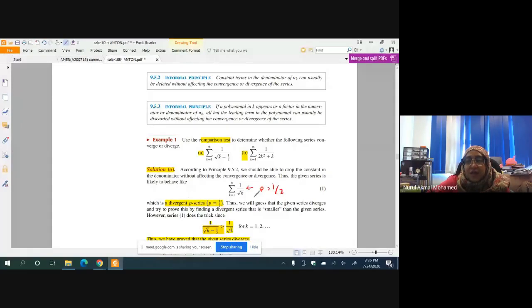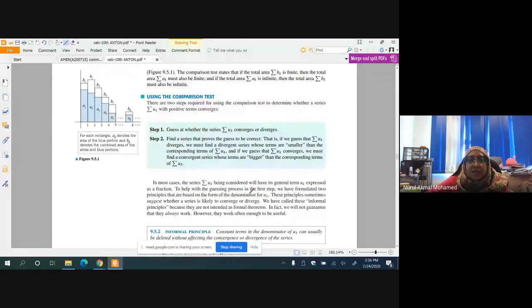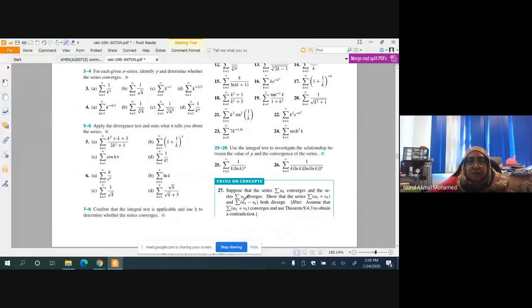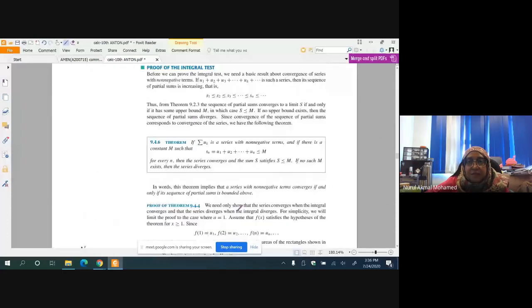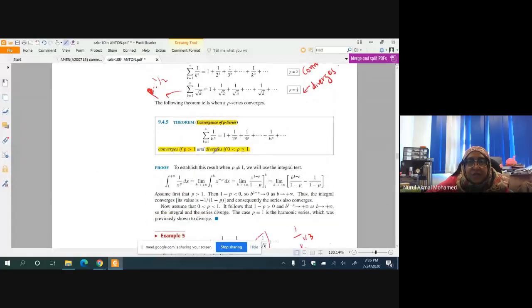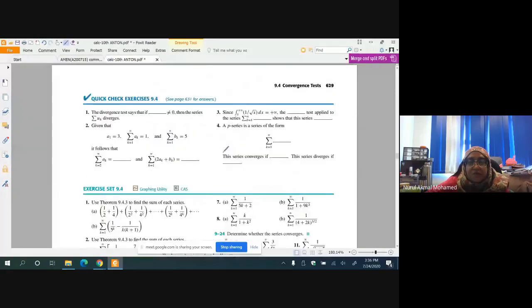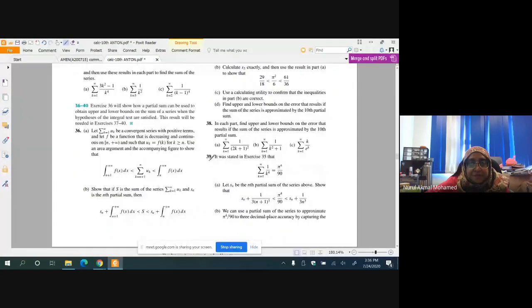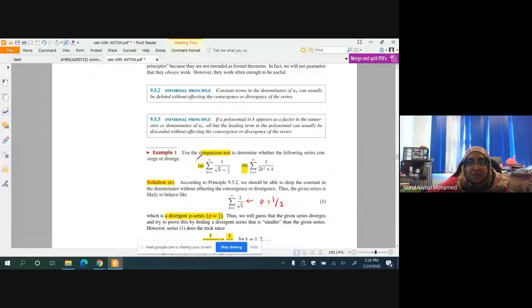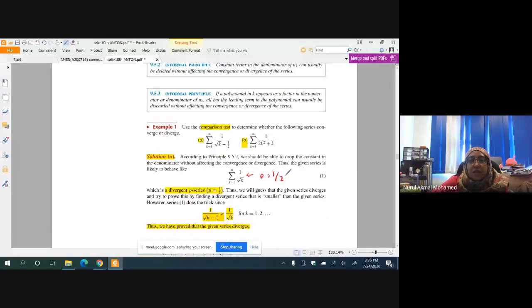From before, for P equal to 1/2, it diverges. Okay, so this series here diverges. It is a P series.